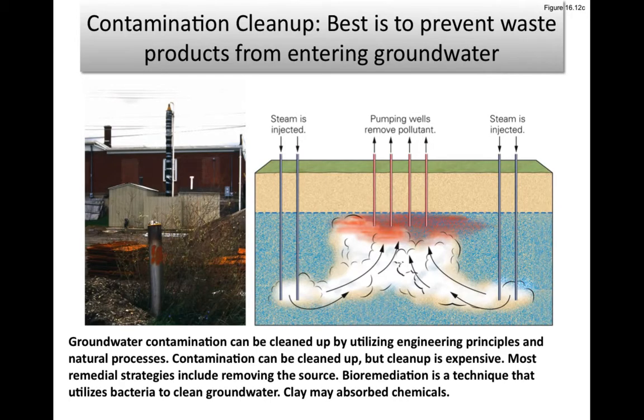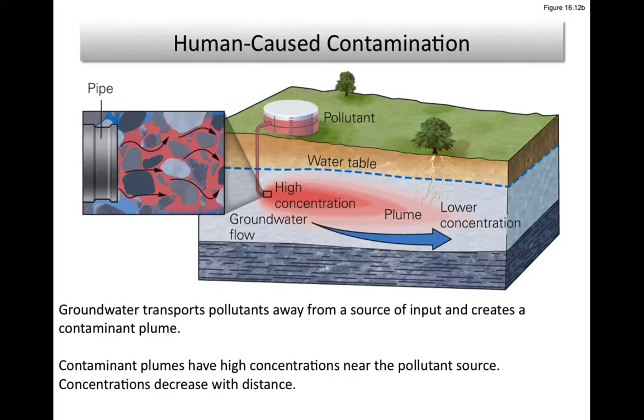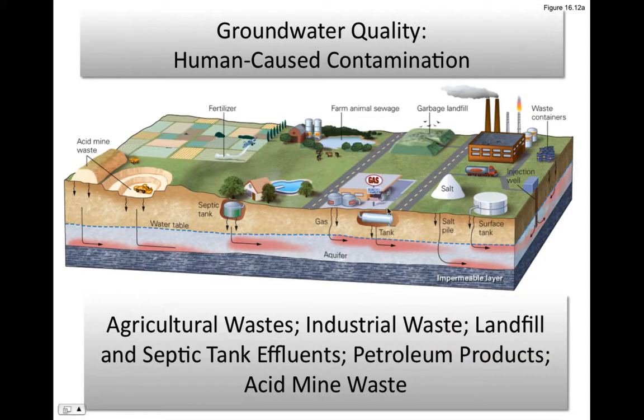Now, how do you clean this up? Well, one of the best ways to prevent contamination is to prevent the products from entering the groundwater in the first place. But obviously, lack of regulation has allowed us to contaminate this groundwater. So especially around gas stations, if we go back to this diagram here, we see all those gas stations, those tanks eventually leak, and that gets into the groundwater.